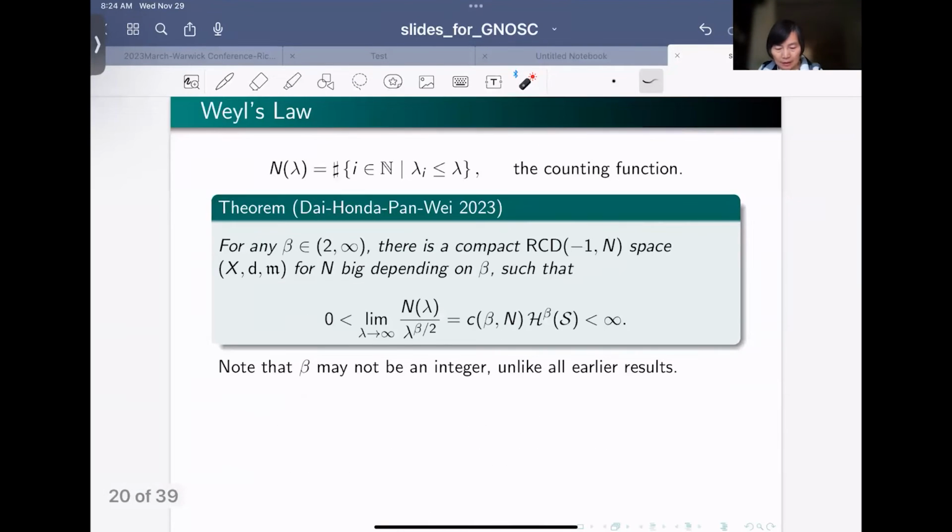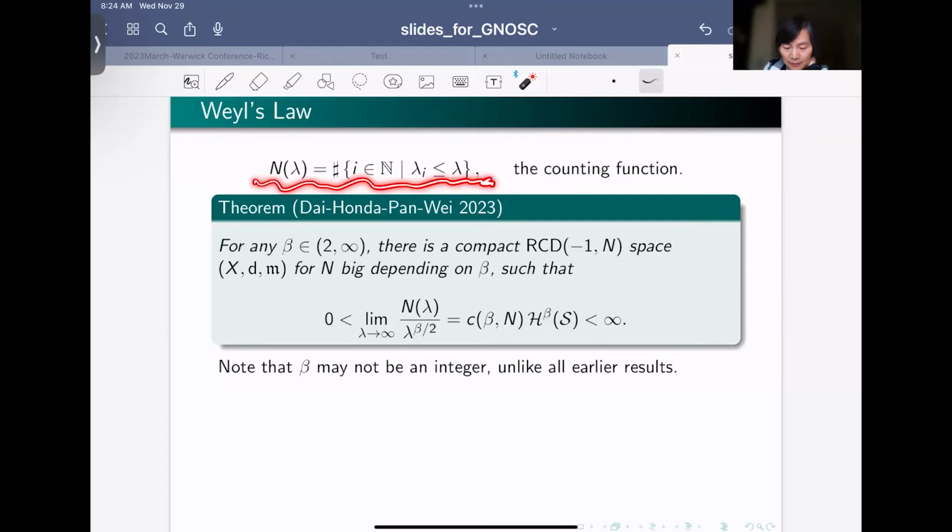The reason we were doing this is that we try to study the so-called Weyl law. This counts how many eigenvalues of the Laplacian are less than some number, just like with prime numbers, you count how many numbers less than n are prime.